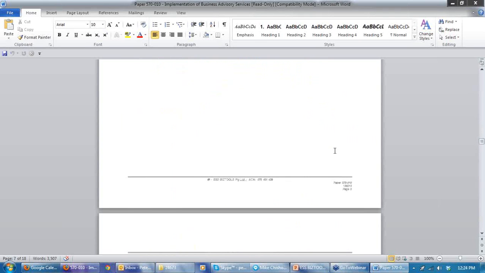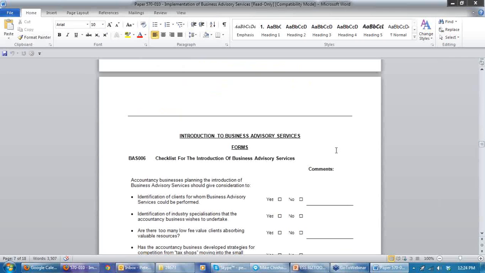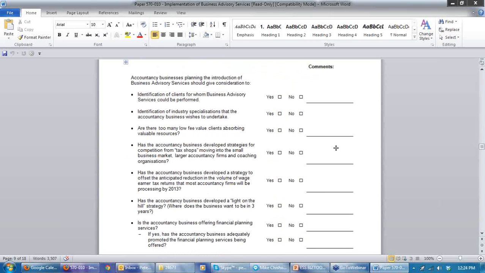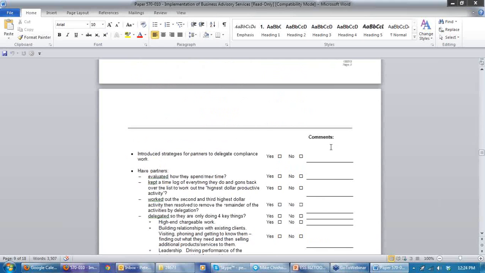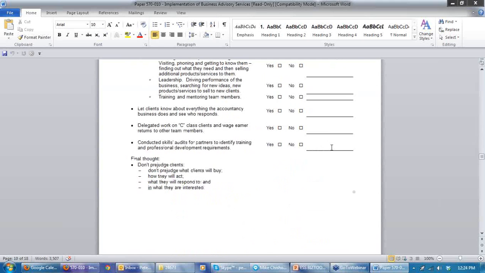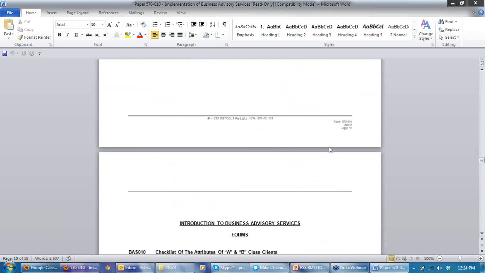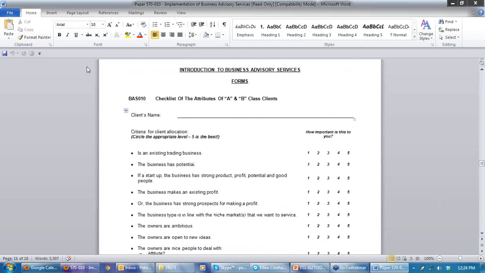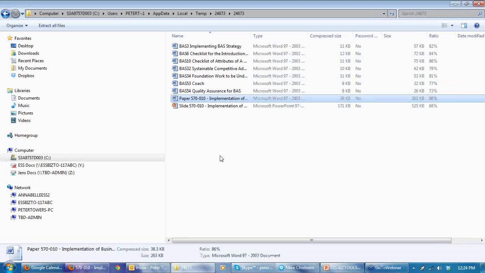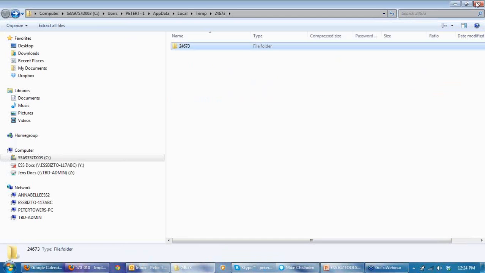A checklist for the introduction of business advisory services. What do you need to do? How does it fit into your firm's vision? Checklist for A and B class clients. So, and the forms continue. So that's how the introduction to business advisory services segment works.